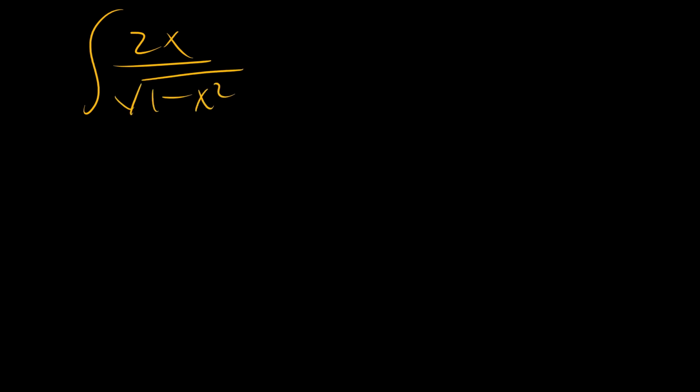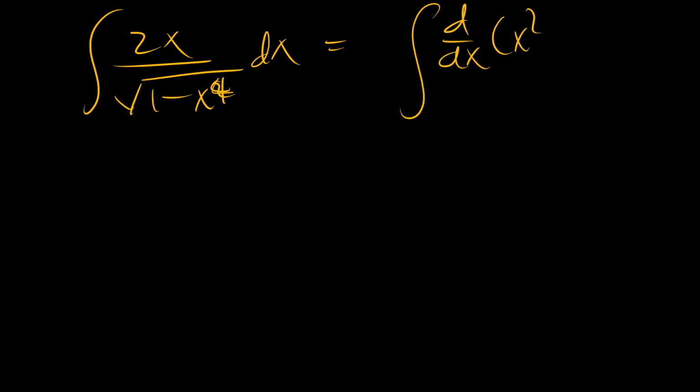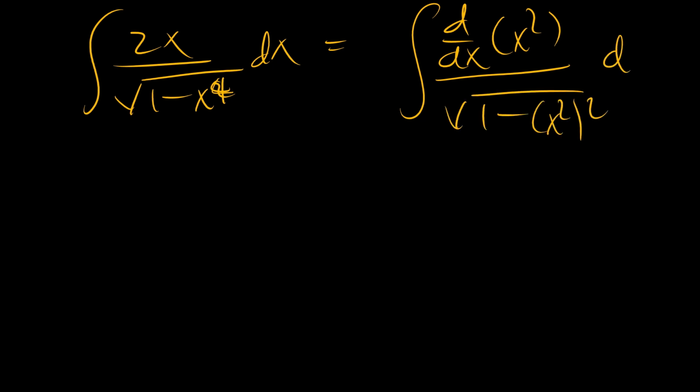The last problem of this round, which is 2x over the square root of 1 minus x to the 4. What I could do here is note that 2x is the same as the derivative of x squared, and x to the 4 is x squared, squared.